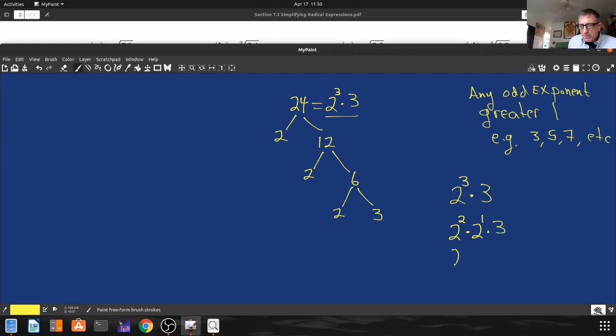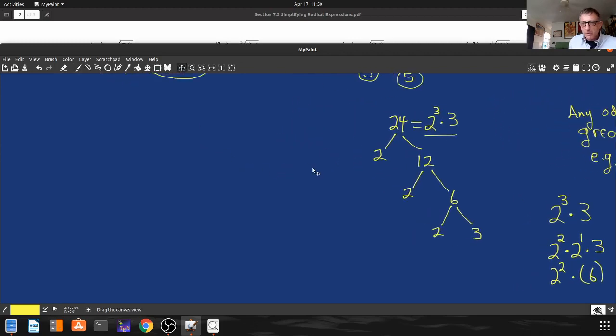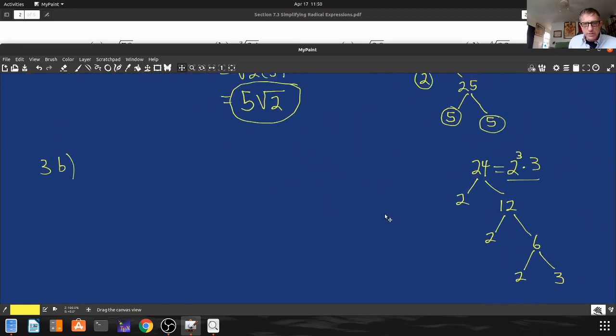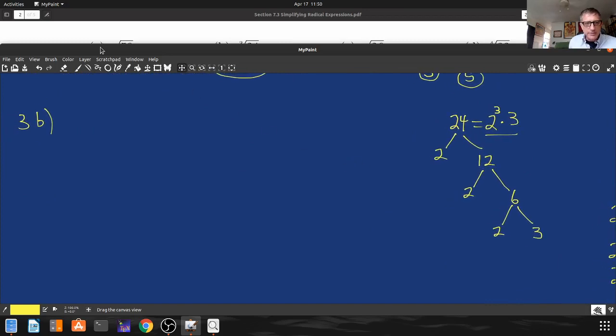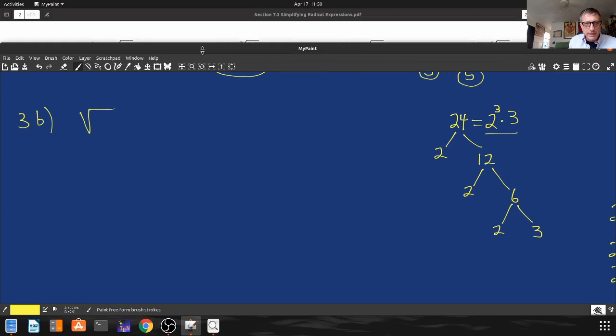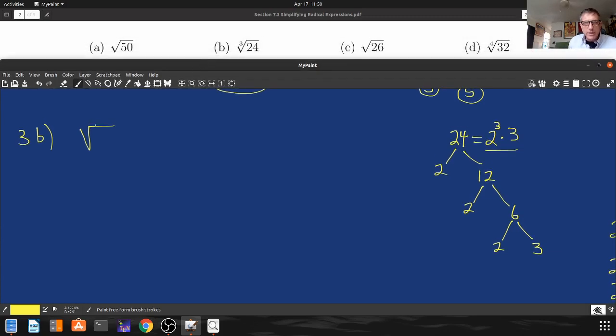So I want to write my factorization this way. You can leave it as 2 times 3 if you want, but since neither of these are the same number, you might as well do it that way. So we have the square root. Let me bring it down here. Oh, crap.